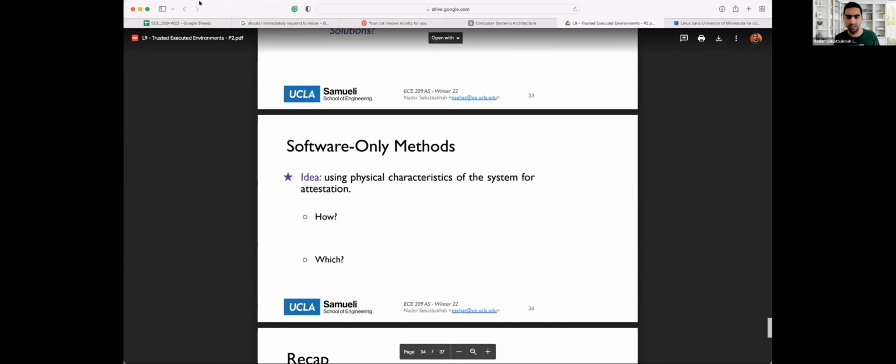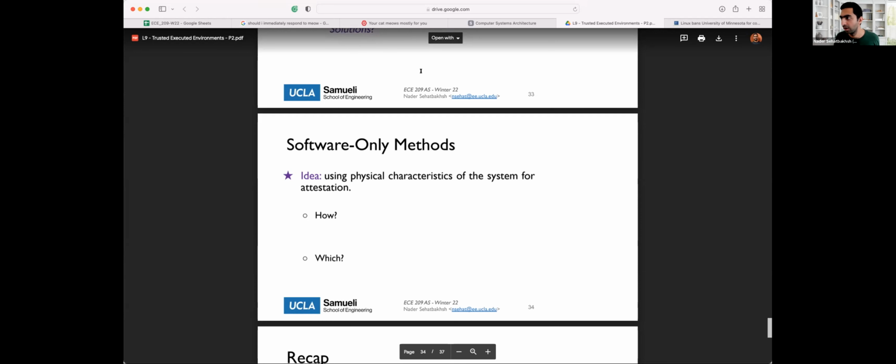So generally, the idea is that instead of relying on the hardware, let's rely on some physical characteristic, and design the system such that if the attacker tries to forge the system, they have to incur more overhead for that specific physical characteristic, be it time or side channel or anything else. And using this additional source of information, now the user can build trust in the system. Are there any questions here?